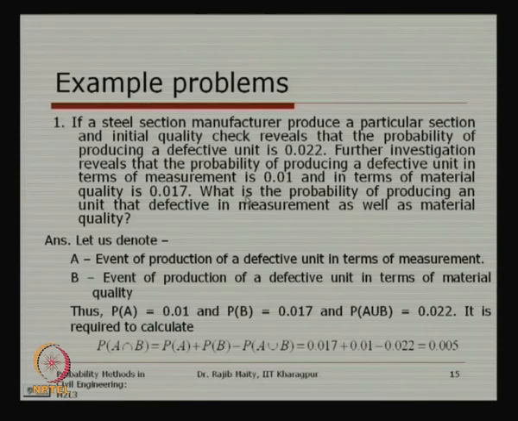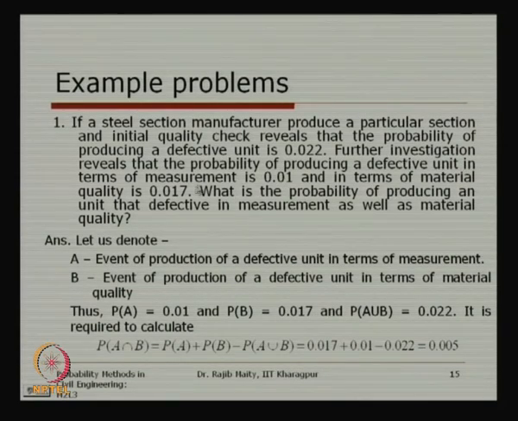So, here the information given is the total probability of producing a defective unit, and it can be defective in two different ways. One way is that the measurement was wrong, and the other is that the material quality was not satisfied.